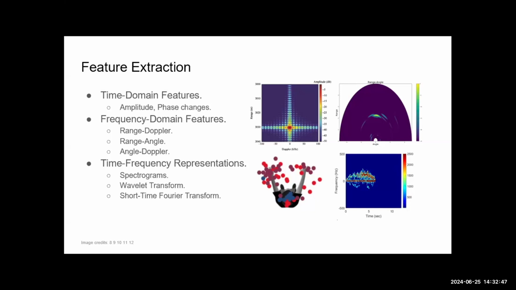And when we convert it to the frequency domain, we can have range Doppler images, range angle or angle Doppler images. We can also combine the time and frequency domains together, so we can have spectrograms like range spectrograms, and wavelet transforms. We can apply wavelet transformation to create time-frequency representations, and we can also have micro-Doppler representation.